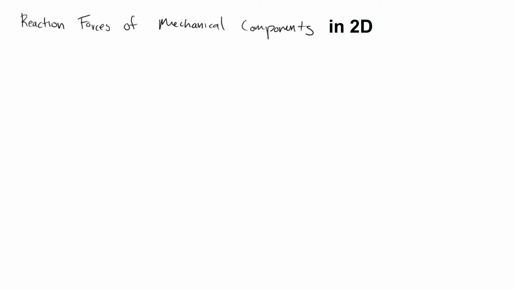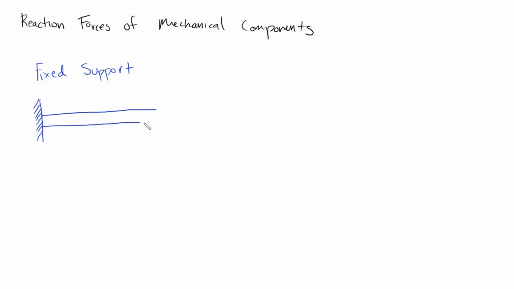So we're going to start off with the first one, and that is called a fixed support. What it is, we basically have something stationary, an inertial reference frame, and we have a beam or a fixed support right here.